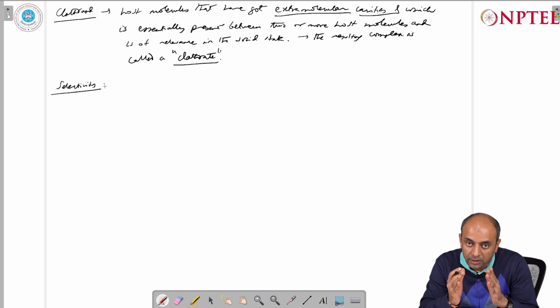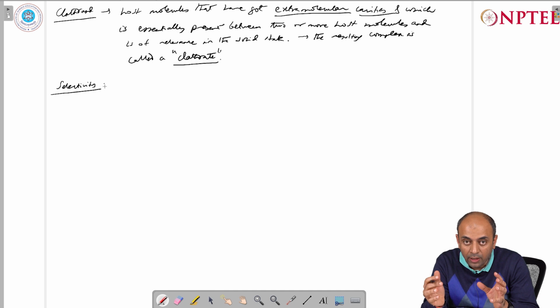For example, the charge density distribution on the guest can be different, the size of the guest can be slightly different, and this can alter the nature of solute solvent interactions between the guest and the water molecules or the solvent in which the guest has been dissolved. And we also have the host which has been dissolved in a particular solvent. Again, we will come to the role of the solvent later, but as of now we know that the chemical properties of these host and guest can get modified in the presence of solvent.